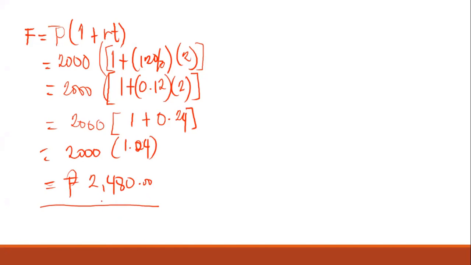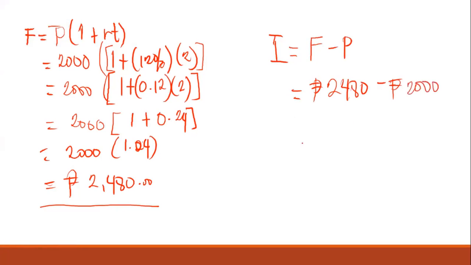Knowing the maturity value of 2,480 pesos, it would be very easy now for us to get the interest. Paano ba yun? We simply deduct the principal from the maturity value. So that is I equals F minus P. Ibawas lang natin yung principal from the maturity value.